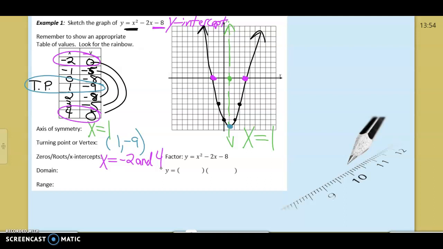Now, that actually comes to us from exactly what we were doing last class when we were asked to factor a trinomial. So let's go ahead and do that to relate the two. We're going to take the last number, 8, and write down all the ways you can multiply to 8. 2 times 4, 4 times 2.